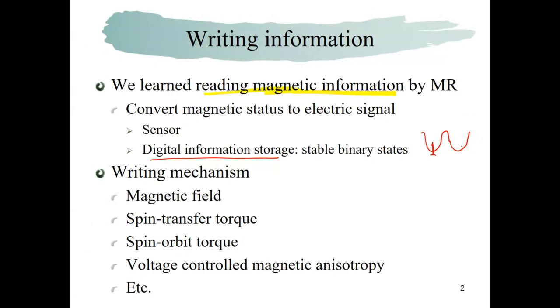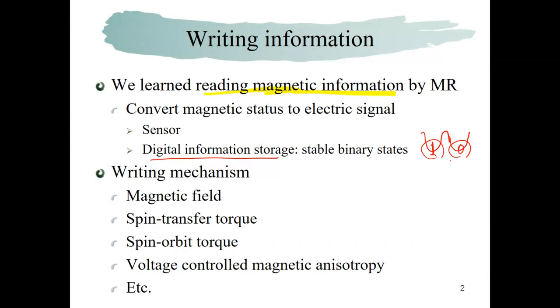Let's say this is a 1, this is a 0, then we can form the binary data. And the requirement of digital information is such a very stable two binary state. If the state is not stable, that means the stored information can be destroyed.